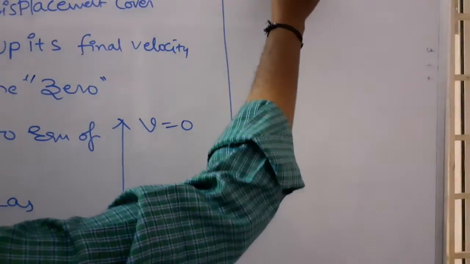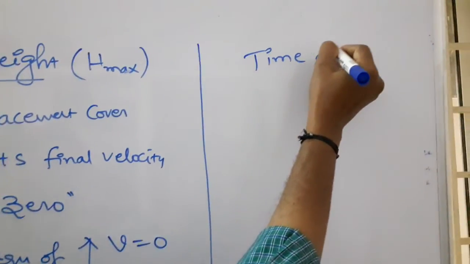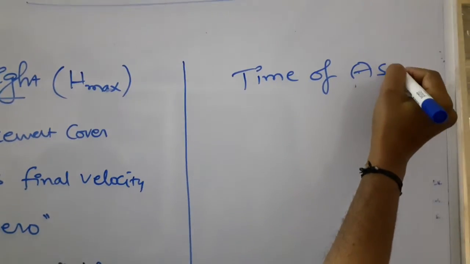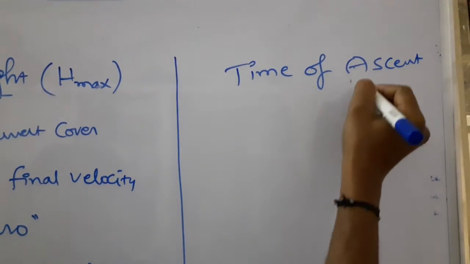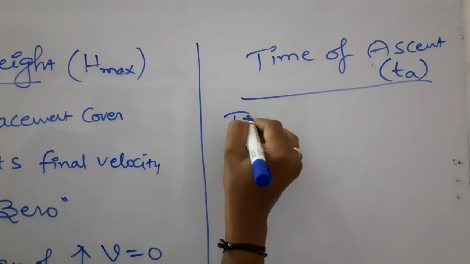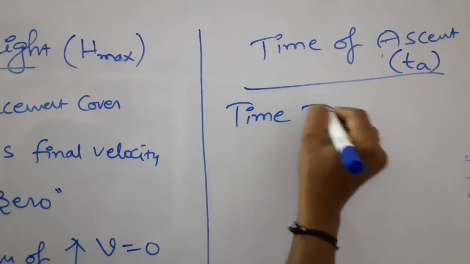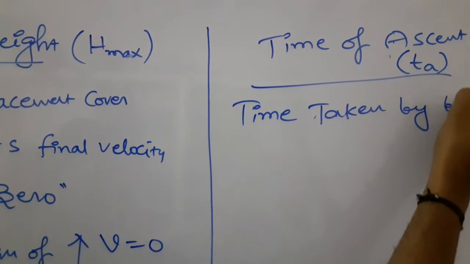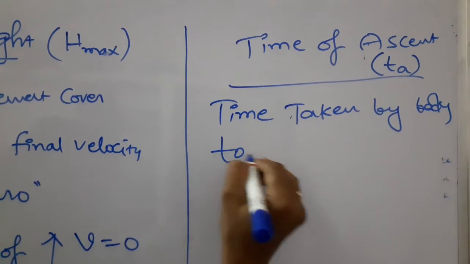Next, time of ascent. Time of ascent is nothing but the time taken by the body to reach up, the time taken by the body to reach maximum height.